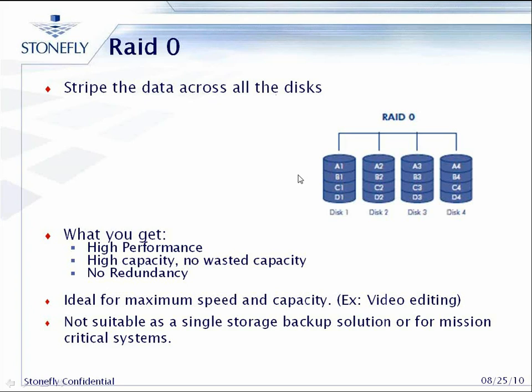For example, if your stripe size is 64K, when you're writing the data, you write 64K on the first disk, 64K on the second, 64K on the third, and 64K on disk 4, and then you just continue writing. And when you're reading, you're also reading from multiple disks rather than from one disk. So that's where the performance comes from.